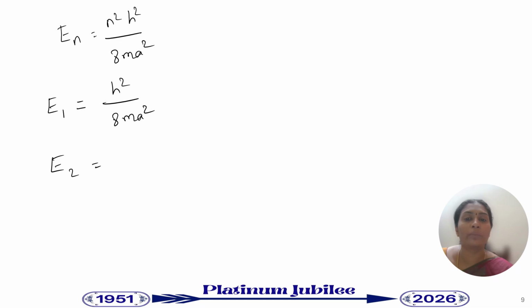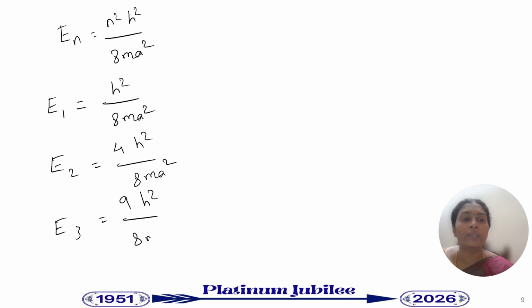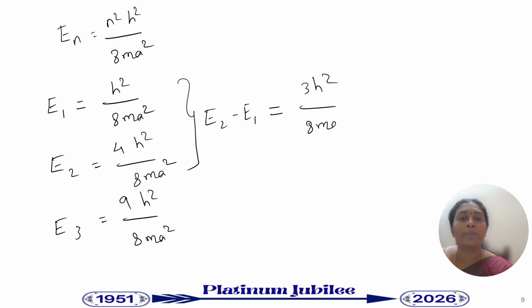Similarly, for E2, n is equal to 2, so it is 4h square by 8m a square, and for E3 it is 9h square by 8m a square. The difference between E2 and E1 is 3h square by 8m a square, or simply 3 into E1, because this is our E1 value, the ground state energy value.